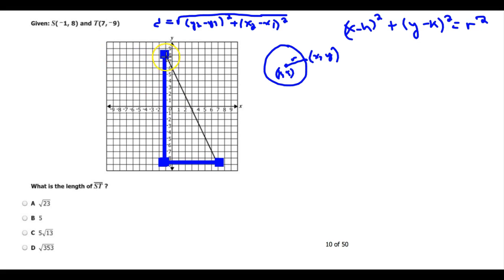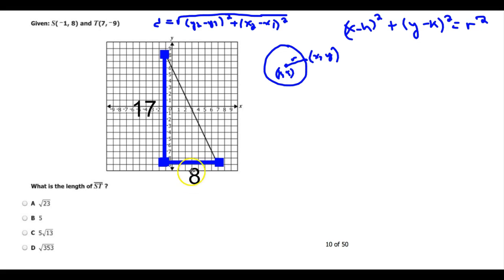We know that this location is at 8, this one's at -9, so you could count the blocks, or you could just say 8 minus -9 gives you 17. So one side of the triangle is 17. And then over here, this is at -1 and this is at 7, so 7 minus -1 is 8.